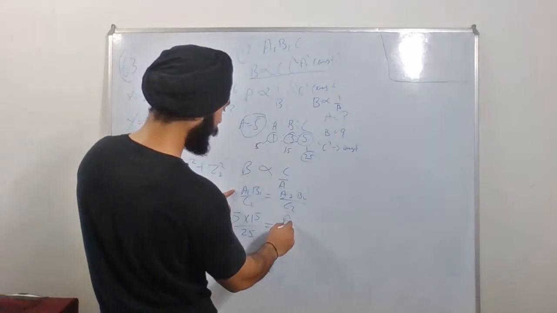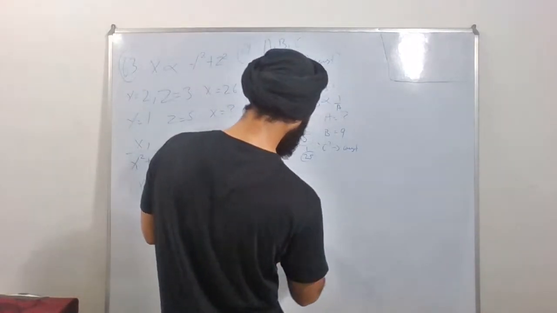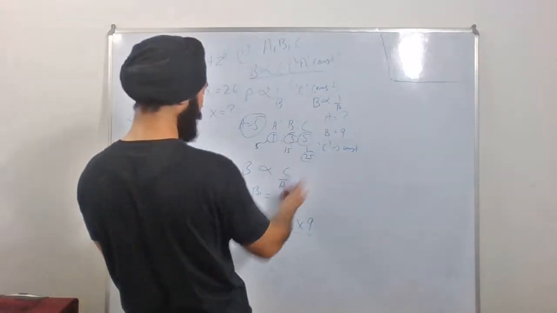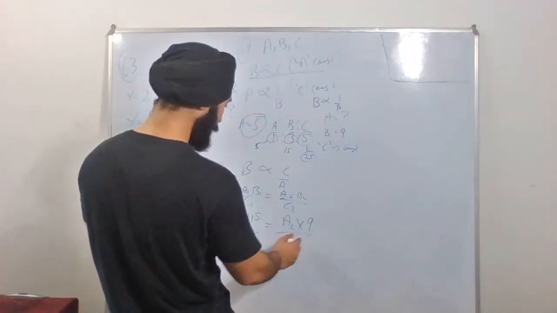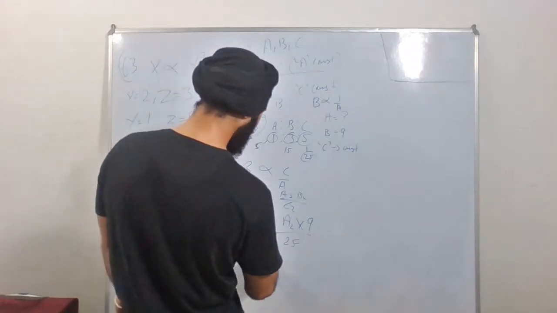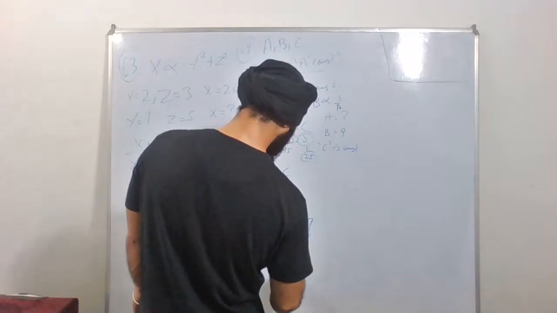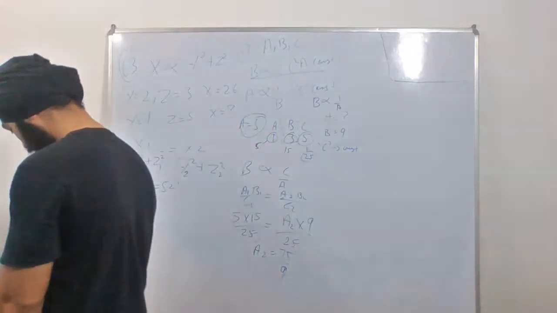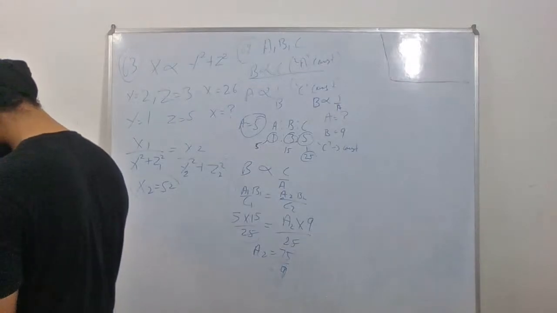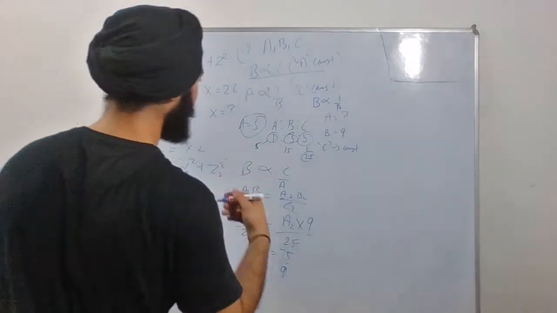Here a2 we have to find, b2 value is given 9, c2 value is not given, but they said कि c constant है, तो मतलब चेंज नहीं होगा कुछ भी, तो ये 25 आएगा, 25 को cancel, a2 will be 75/9, simple and easy, but sometimes we make mistakes.